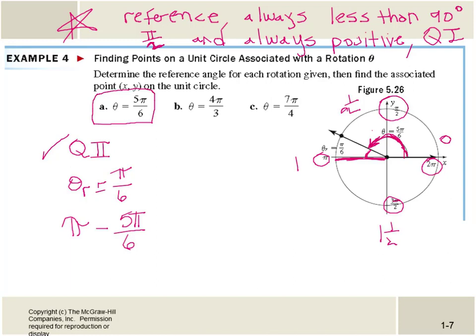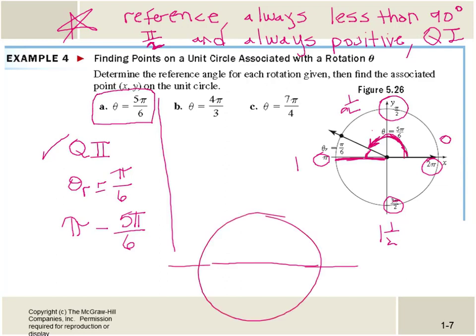So, what do you mean? What equation? Pi minus 5 pi over 6? Well, if I have a circle, here's my unit circle, right? And I've got this line. Yeah, what's pi? Pi is the same as 6 pi over 6, isn't it?